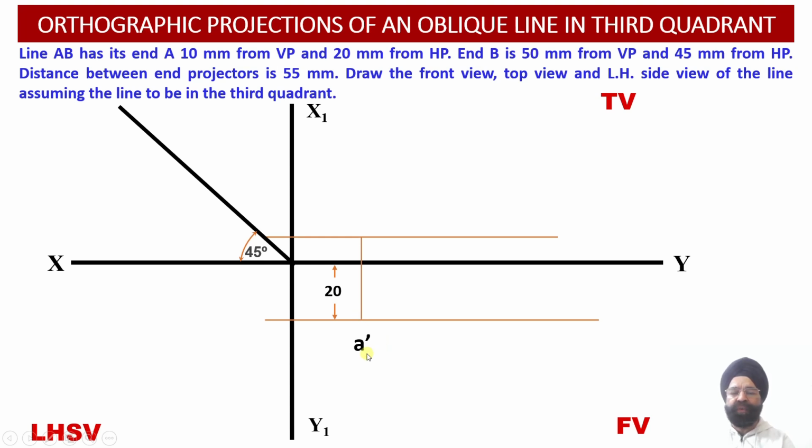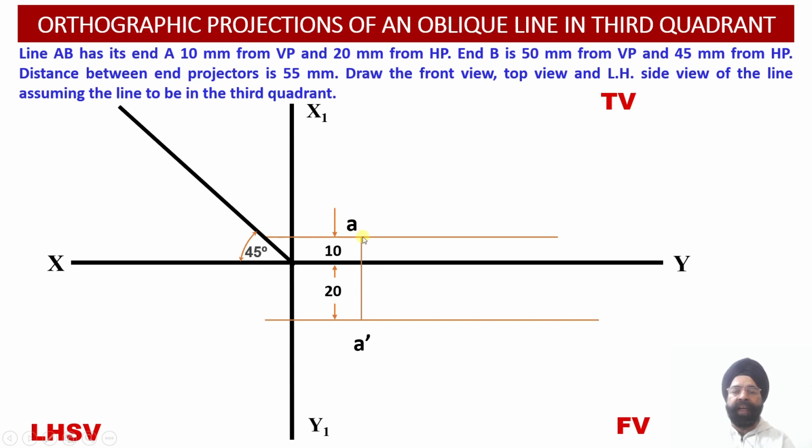So point A dash will be lying below the XY reference line, while the top view projection of the end A will be lying 10 millimeter behind the vertical plane. So this 10 millimeter distance we are going to take above the XY reference line in order to obtain the top view projection corresponding to the end A. So here projections corresponding to end A have been obtained in the orthographic projections.